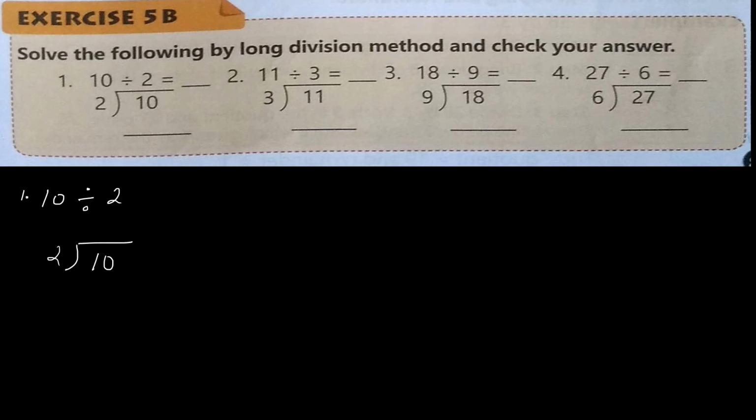In the table of 2, 2 5s are 10. Minus, so we got 0. So your Q is equal to 5 and your R is equal to 0. Now check.